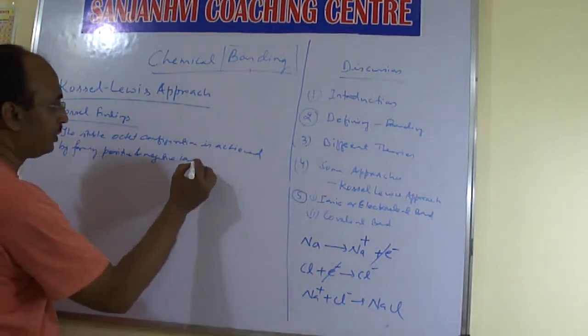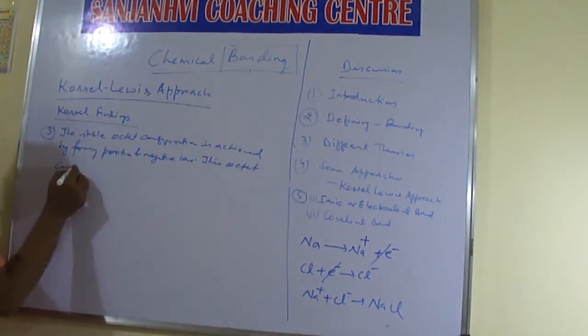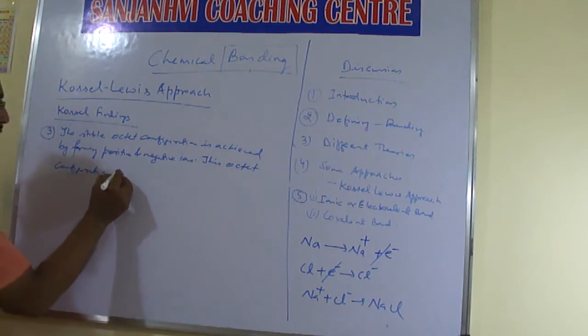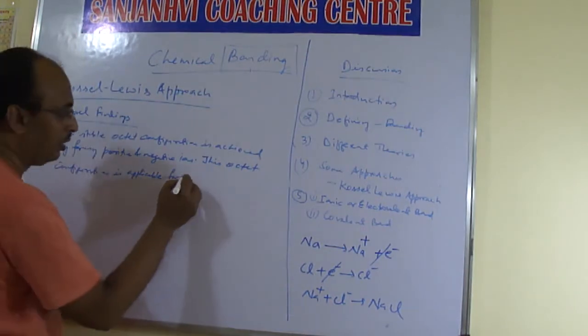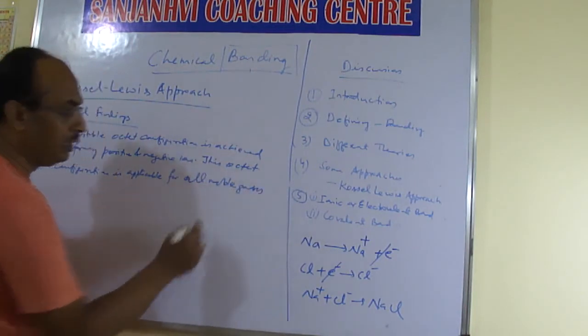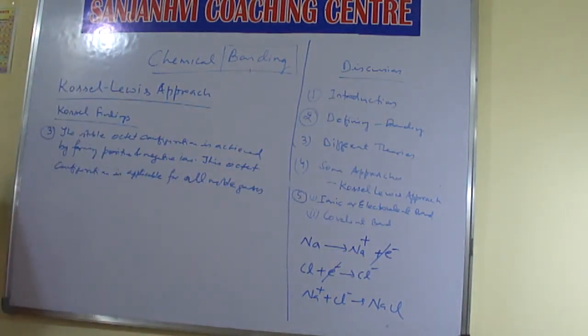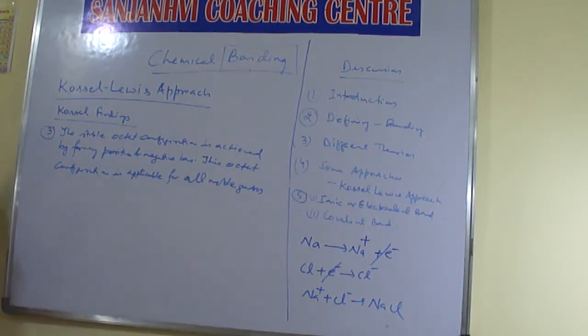Also, this octet configuration is applicable for all noble gases except helium. Helium has only 2 electrons in its outermost shell, so that is not an octet.